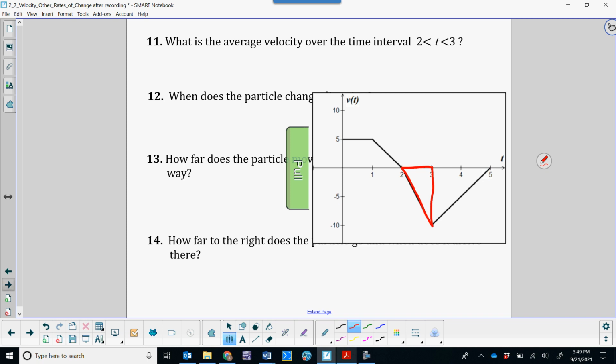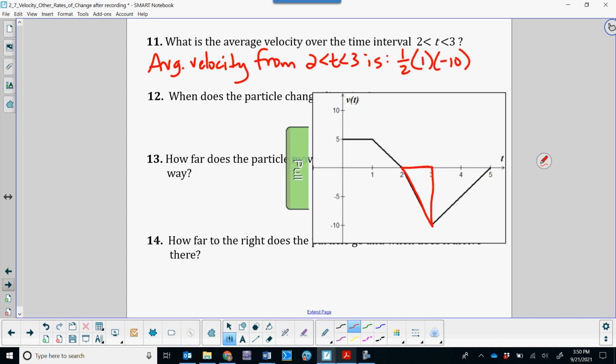We're going to give the signed area, so the area, but it'll be negative because it's underneath. That's going to give me the average velocity. So the average velocity from 2 to 3 is 1/2 times 1 times -10. Just using the triangle formula, 1/2 base times height, which is -5. So that's the average velocity.